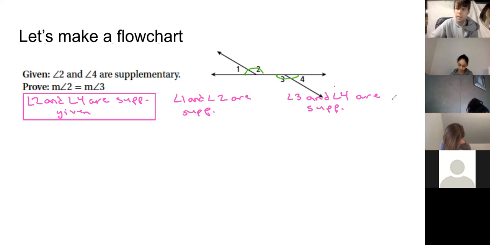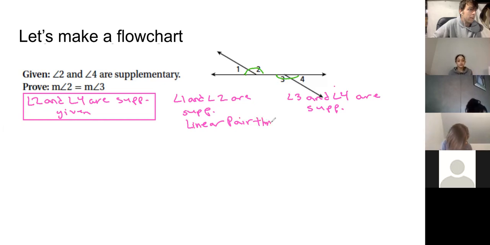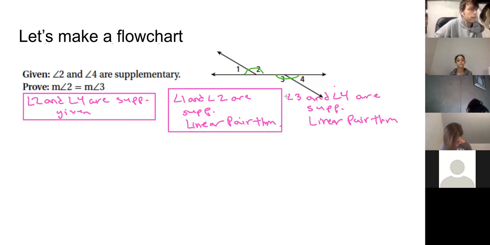The reason that I'm going to give for that, I could say a couple different ways. I'm just going to say they are a linear pair. Technically, this is also called the linear pair theorem. It is a theorem that we proved a couple days ago, so we're going to go ahead and use it as a reason. I'll put boxes around this.